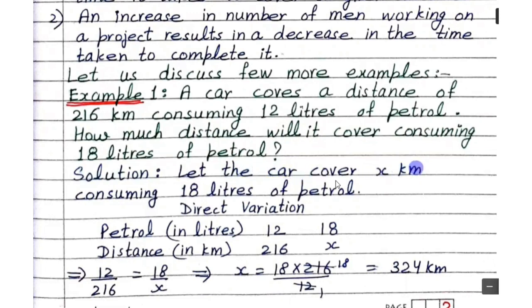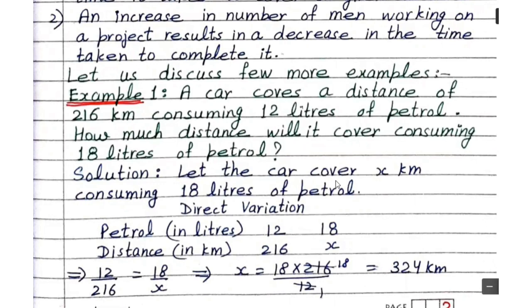Now children, it is a question of direct variation, right? So here, let us write the petrol in liters is 12. When the petrol consumed is 12 liters, the distance covered is 216 kilometers. When the petrol is 18 liters, the distance covered is, let it be X, right? I hope it is clear till here.